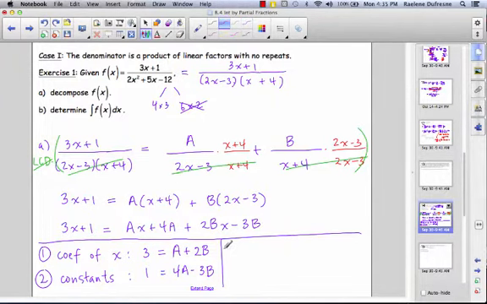So if I take a look at x being equal to negative 4, I get an equation that says 3 times negative 4 plus 1 is negative 11, and that's equal to 0A. And then I have 2 times negative 4 is negative 8, minus 3 is negative 11, so I get minus 11B. And from here I get one equation with one variable, and I know that B is equal to 1.